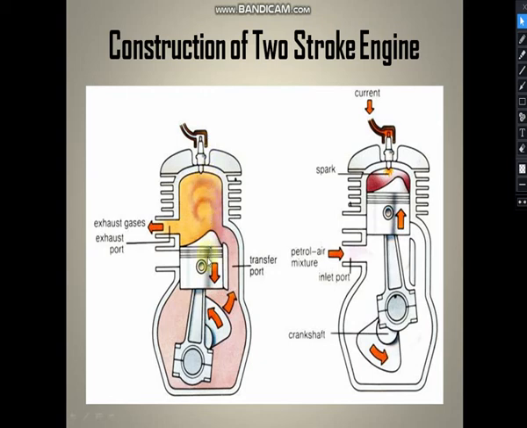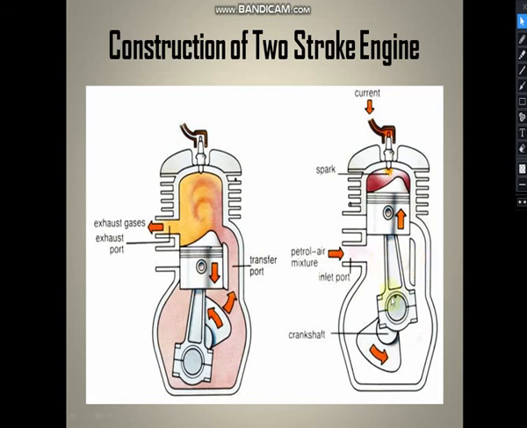So when the piston is moving in the upward direction from the bottom dead center to top dead center, the pressure within the crankcase is very much lower as compared to the pressure of the atmosphere.